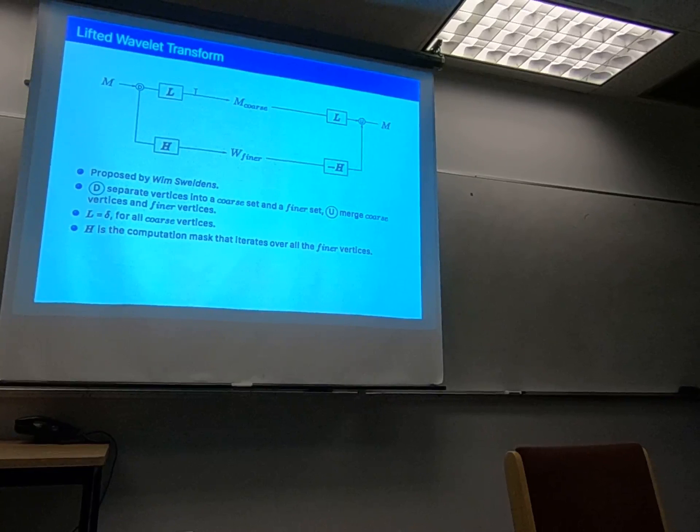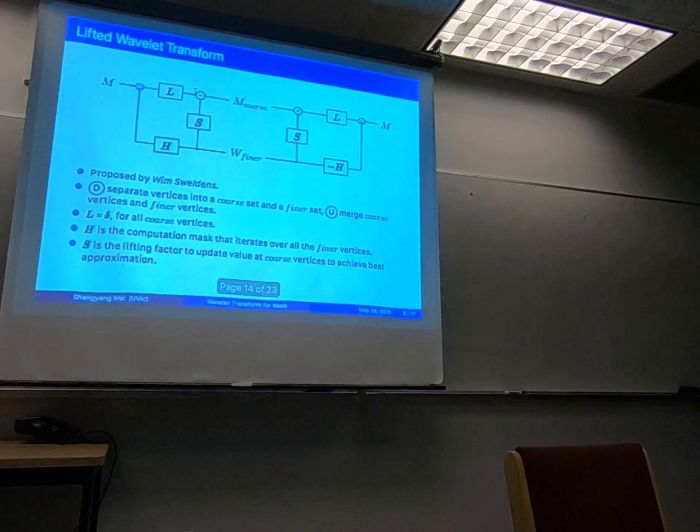So we have to remove the effect from the finer vertices. We need to add a scaling factor that can cancel the effect from the finer vertices. So S is just a lifting factor to update the values at coarse vertices to achieve the best approximation. So that's why it's called the lifted wavelet transform.